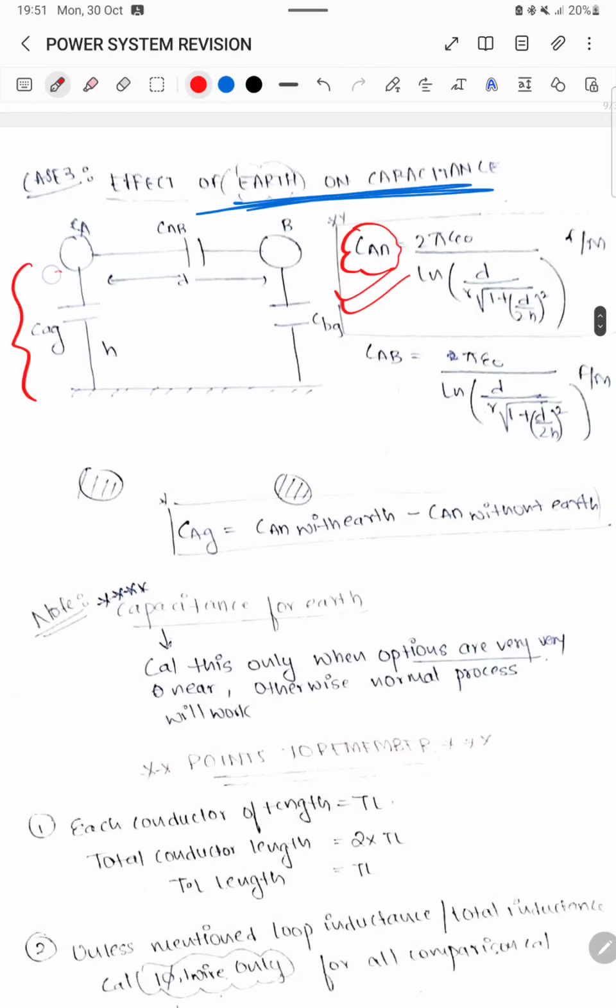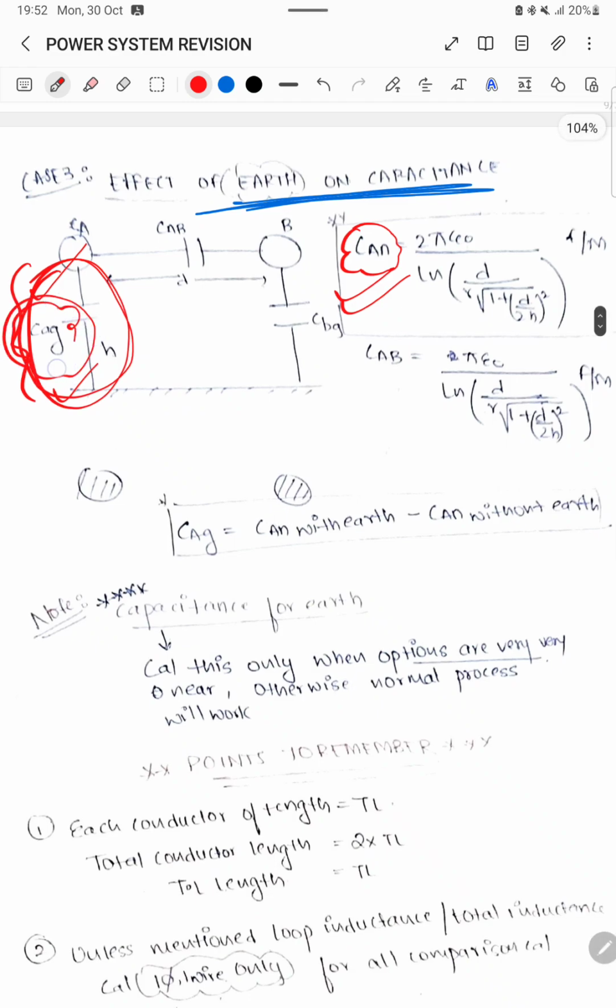Okay, then if the question asks for capacitance of conductor to ground, you will find out capacitance of conductor with earth effect, and minus the capacitance without ground effect. The remaining one will be the capacitance between the conductor and the ground, that is 2 pi epsilon naught upon ln d by r root of 1 plus d upon 2h square, minus 2 pi epsilon naught upon ln d by r, which will give you CAG.